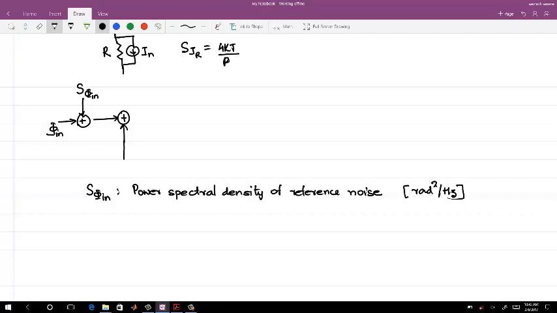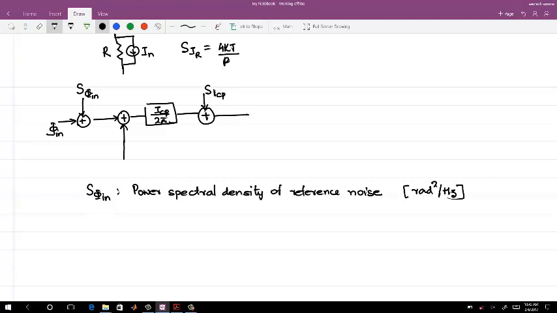Now the next one is the charge pump and PFD. PFD can also cause some noise depending on the switches which you are using, and the other one is the charge pump. In most cases, the charge pump noise dominates. So I model the charge pump noise as S of ICP.